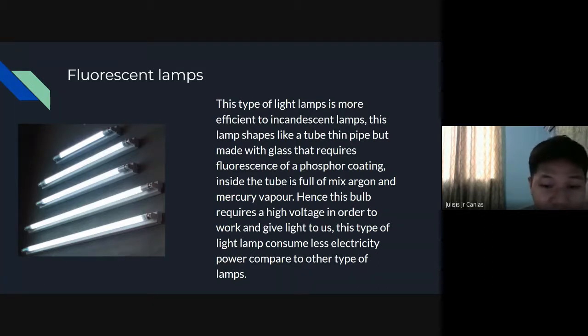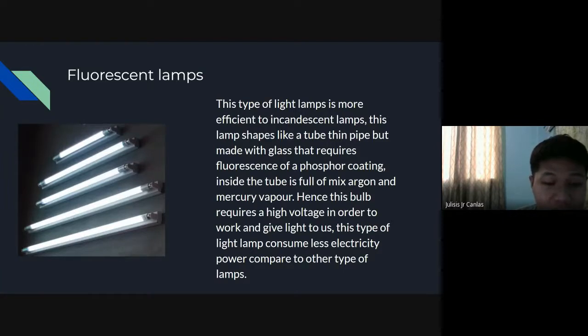This type of lamp consumes less electrical power compared to other types of lamp. This is what we usually use in our houses, in our rooms, and other areas like buildings, also business buildings. This is a very efficient light compared to other old design lamps.